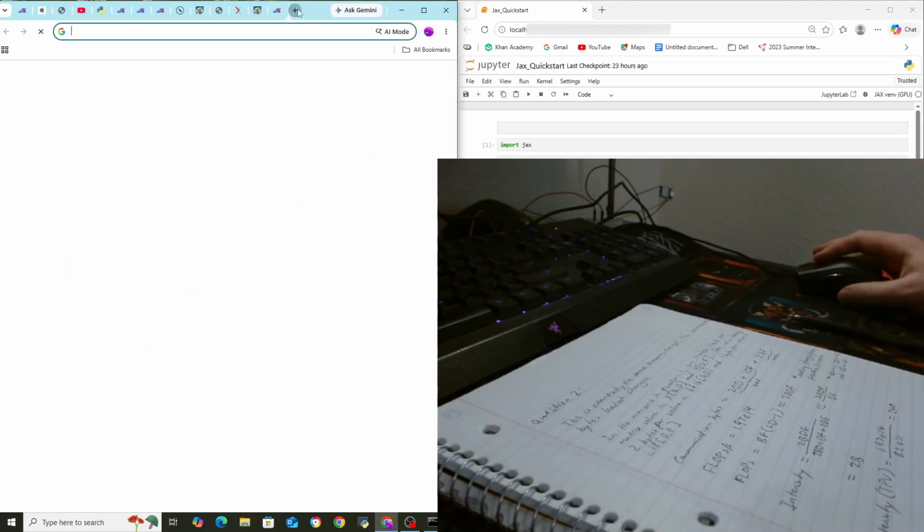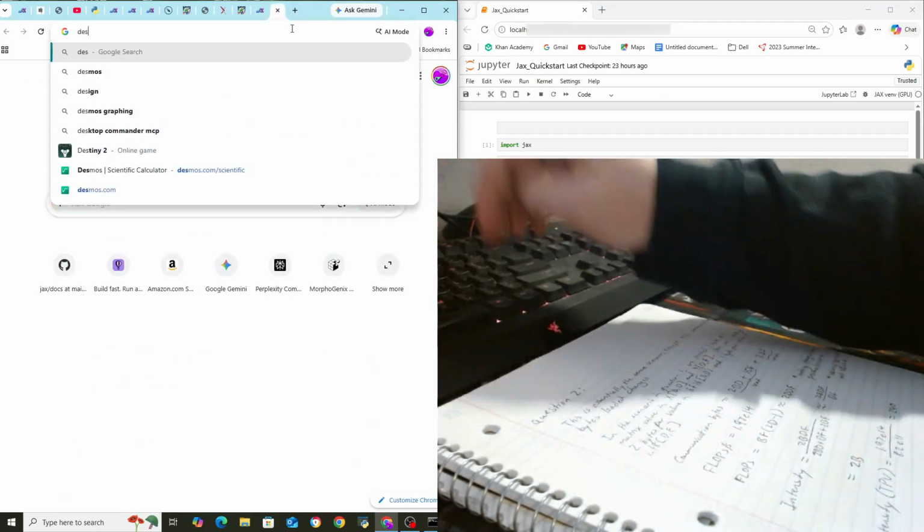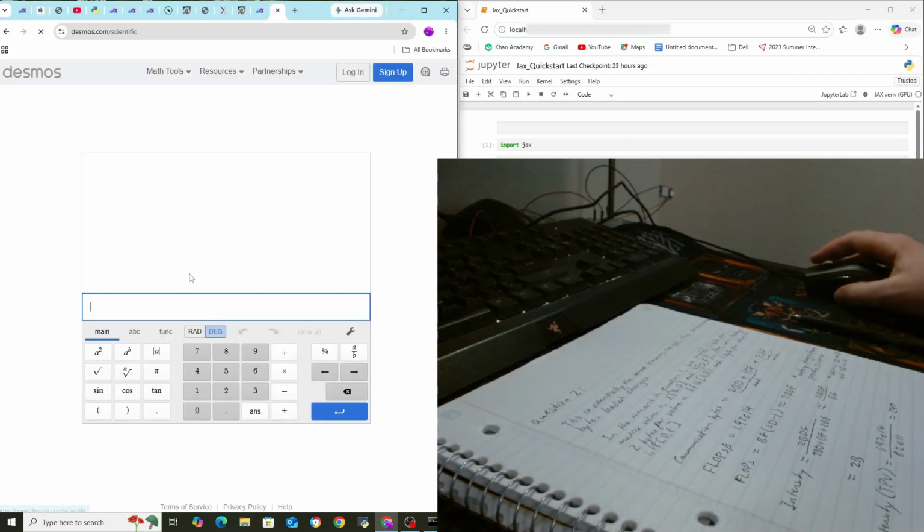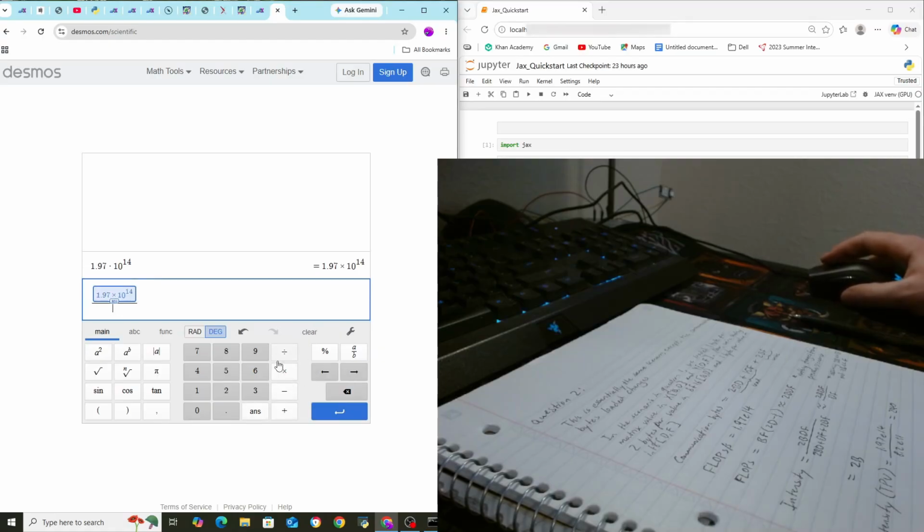Just verify that in Desmos real quick. 1.97 times 10 to the 14, divided by 8.2 times 10 to the 11. 240, yeah.